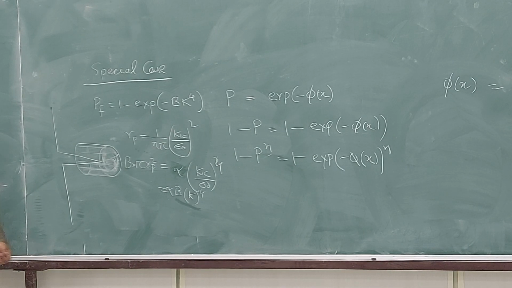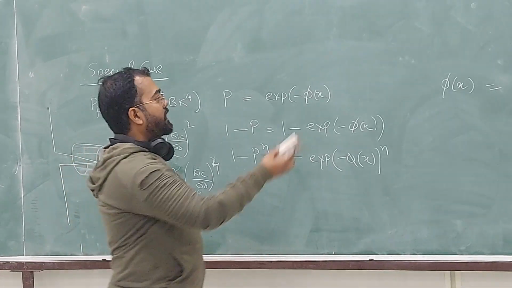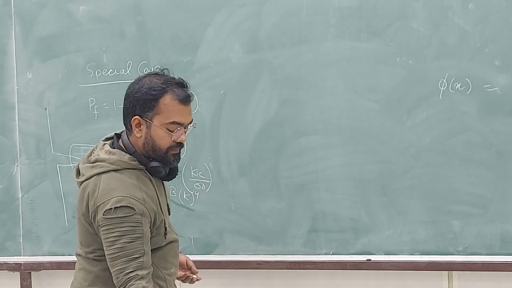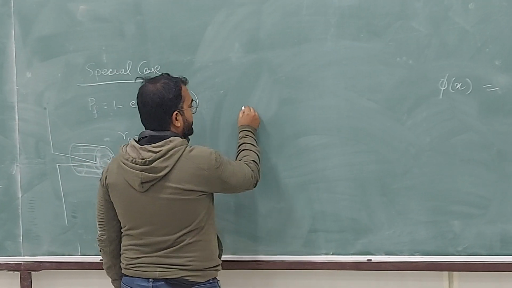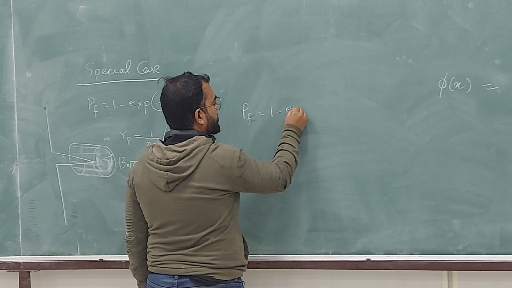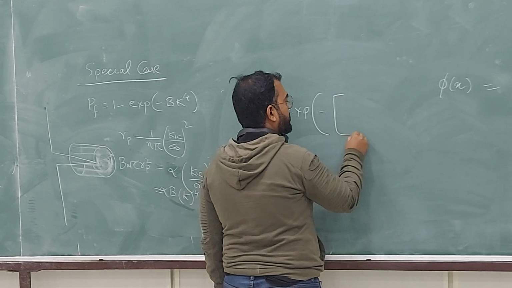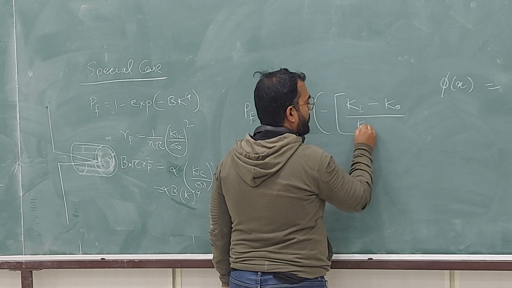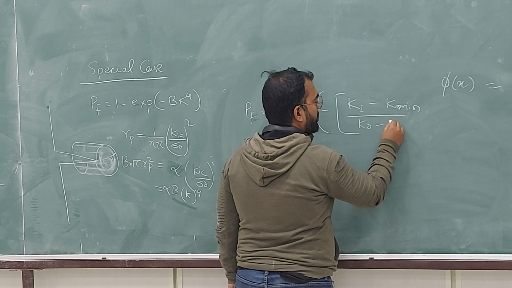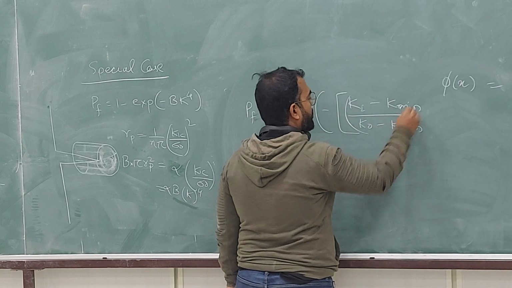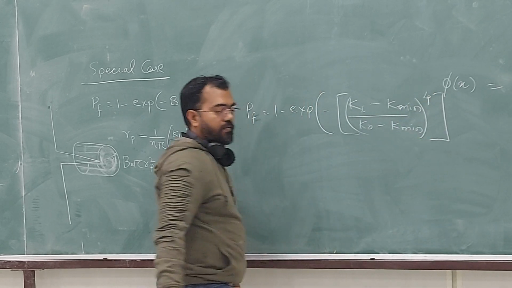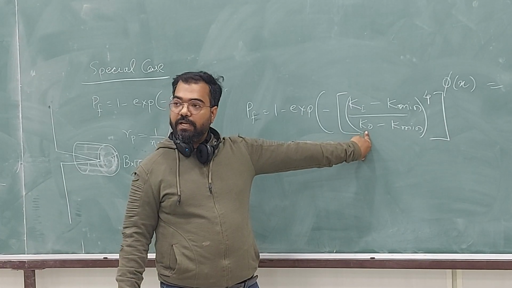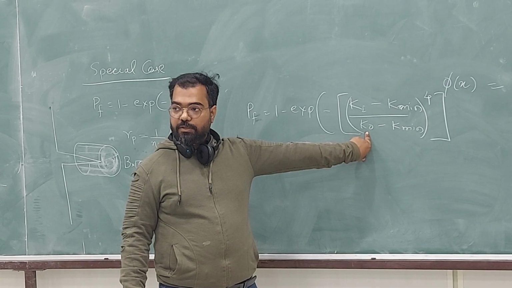Okay, and then I need to modify this according to this equation. So I can write it as probability of failure is equal to 1 minus exponential minus whatever K I am applying. So if I just keep K naught here, then it becomes a 2 parameter Weibull distribution.